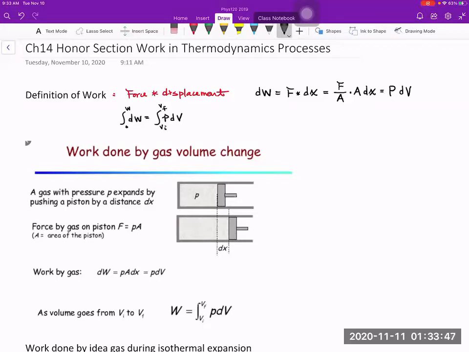This is the definition of finding the work, and the integral of dW is simply W. So the work due to a thermodynamic process for an ideal gas is W equals the integral of P dV from V_i to V_f.